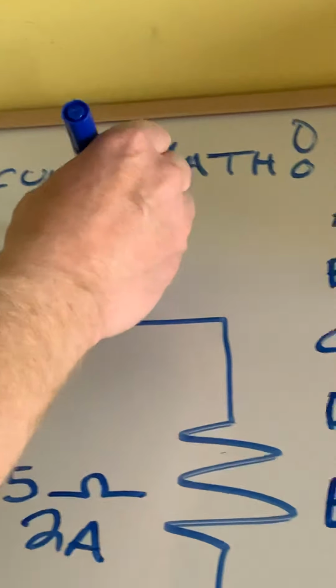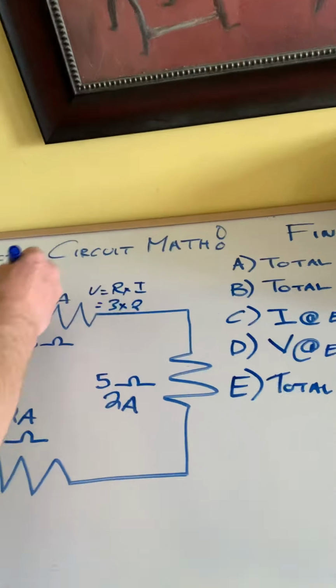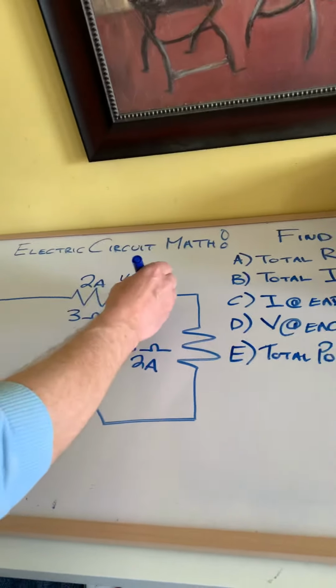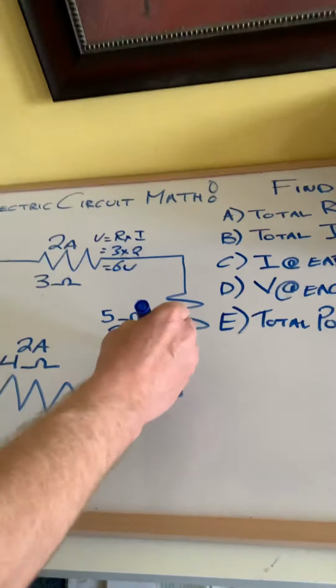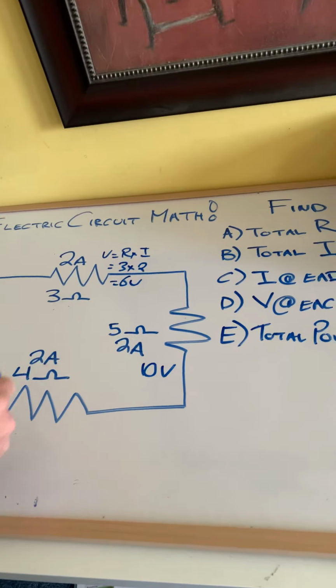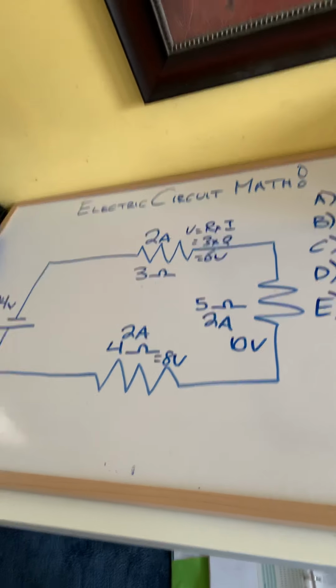So resistance times current, we've got 3 times 2 for this one, right? 6 volts. We've got 5 times 2 here, 10 volts, and we've got 4 times 2 there, 8 volts. I hope I didn't skip too many steps for you guys there.